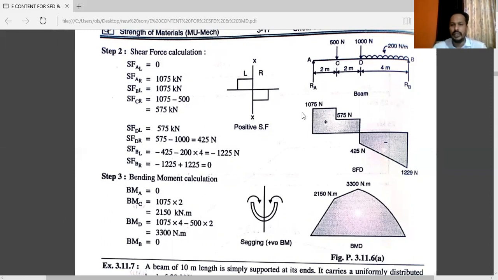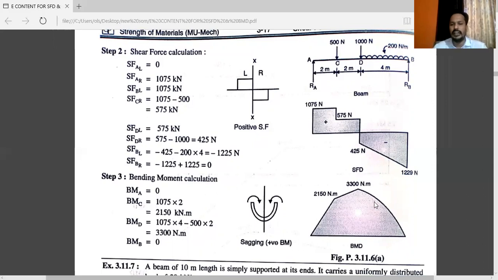Now you can see below the straight line of SFD, from A to B, there will be an inclined line. But in the bending moment diagram, from D to B there is a parabolic curve. You have to draw a parabolic curve.